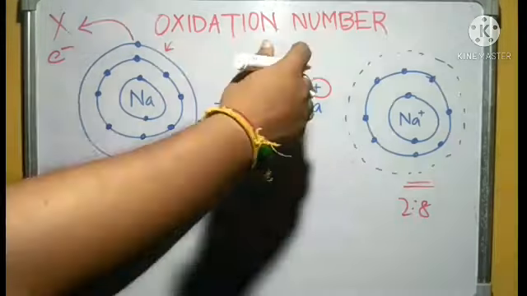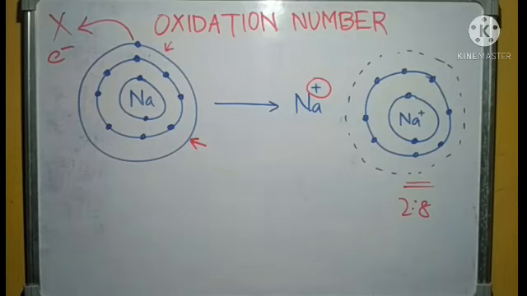This positive charge, you can consider it as the oxidation number. Generally, the oxidation number is the number of electrons that is given out by the metal, or taken in. That we generally represent by the oxidation number.